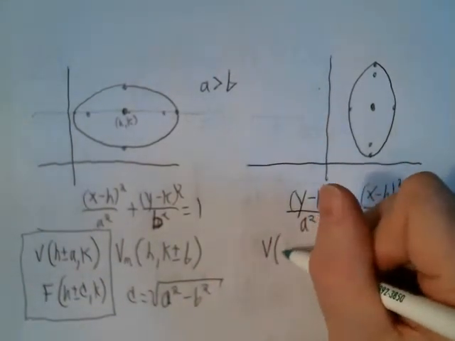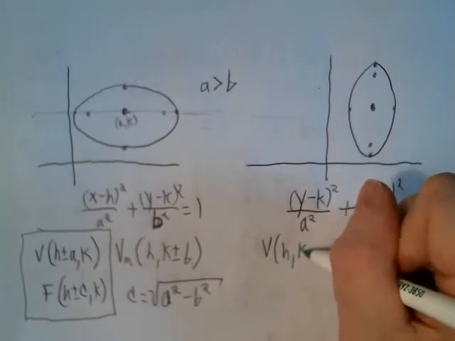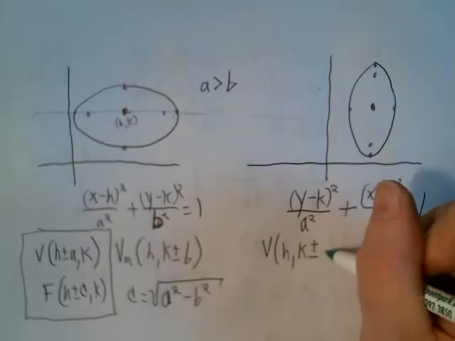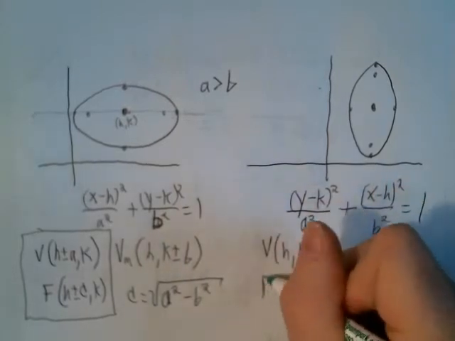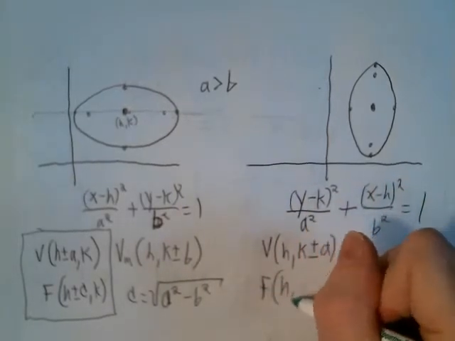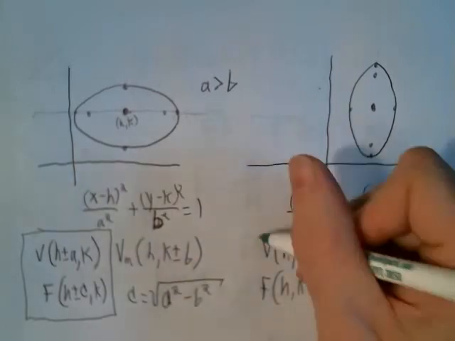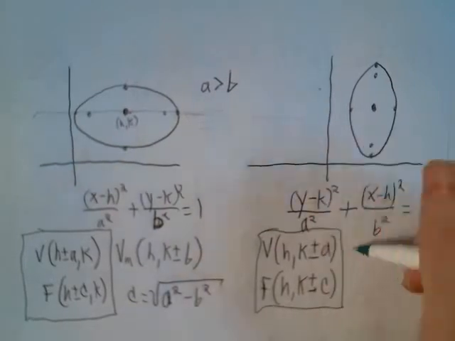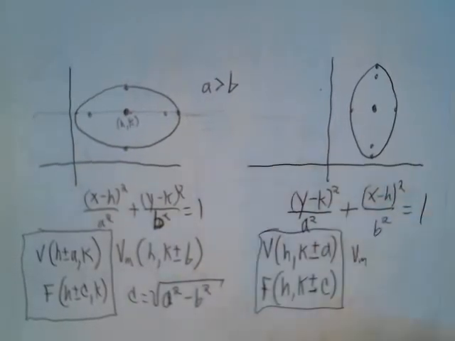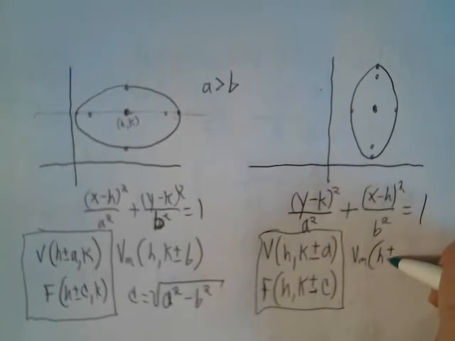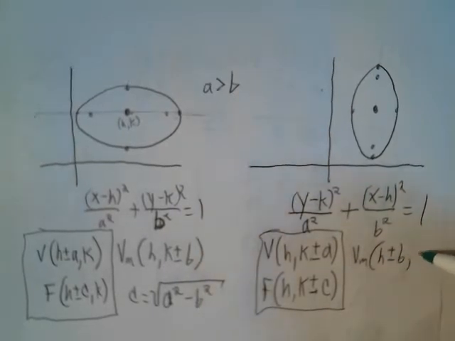So what you do is manipulate the y-coordinate of the center in order to get to those new points. So plus or minus a for that. And then the foci is the same deal, except you're going plus or minus c. And then for the minor vertices, of course, you're manipulating the x-coordinate of the center. So you're going h plus or minus b, comma, k.